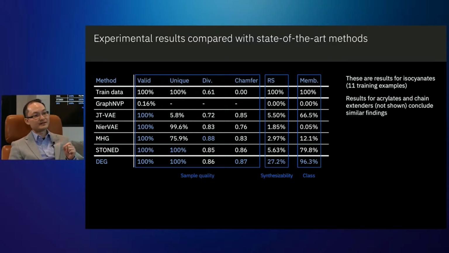This membership is about the case where our training set consists of a class of molecules. Right, so there's a specific class here. When we generate, do the generated molecules also fall under this class? I think this is one of the very rare things that we also compare when we are evaluating our methods. And for all these metrics, obviously the higher the better.